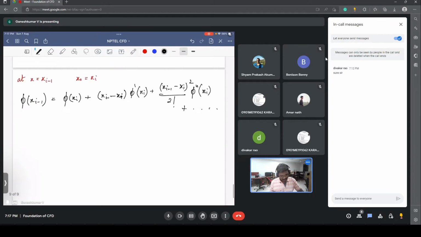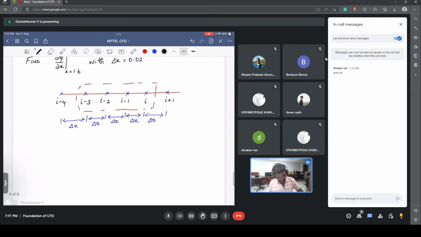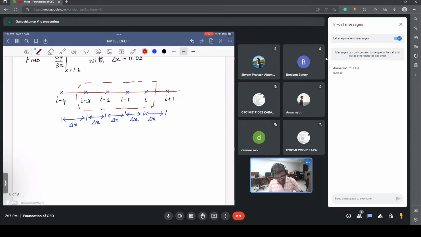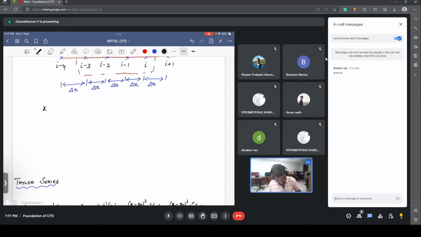Now let's use some notation to simplify and write it in a very elegant form. Let's say phi of xi minus 1 is simply phi of I minus 1, and phi of xi is phi I. Xi minus xi minus 1 is equal to delta x.